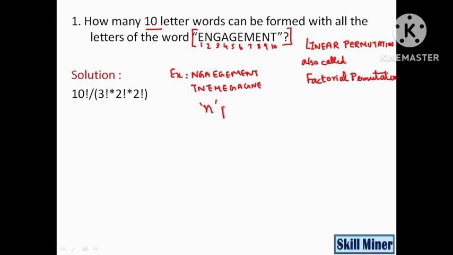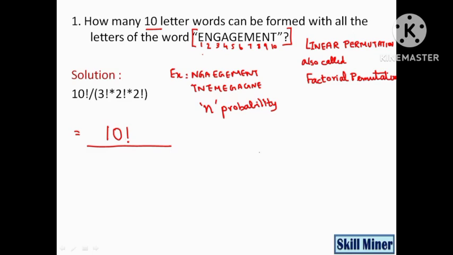In short, there is a formula to find the number, which is 10 factorial. This 10 factorial indicates the total number of letters in the given word, divided by the factorial of the numbers which are repeating.